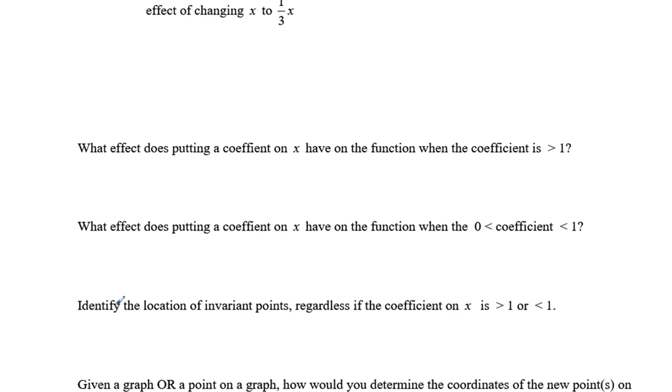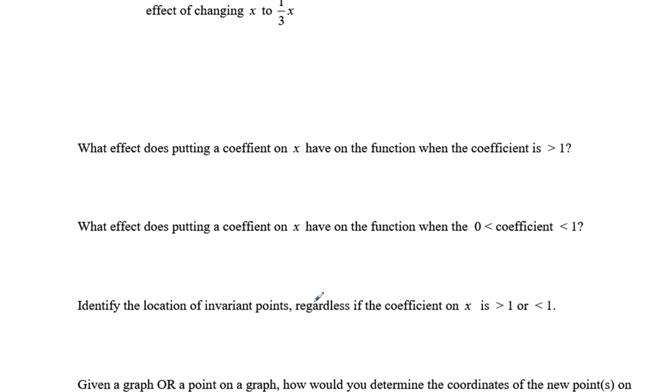Now, where are the invariant points? All right, I want you to imagine yourself standing there, and I grab you by your shoulders, and I stretch you apart, or I push you in together. Does your nose move? Whether I pull you apart or squish you together, your nose is going to stay in the same place.